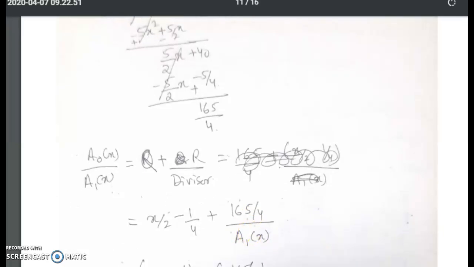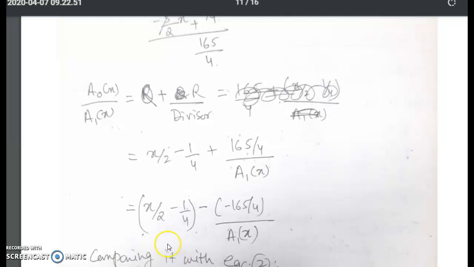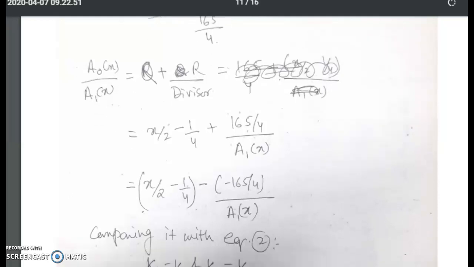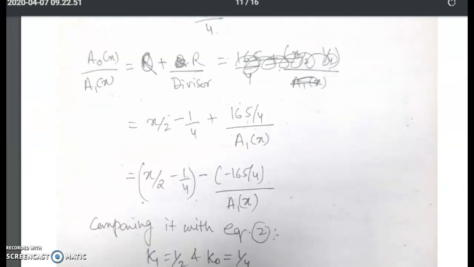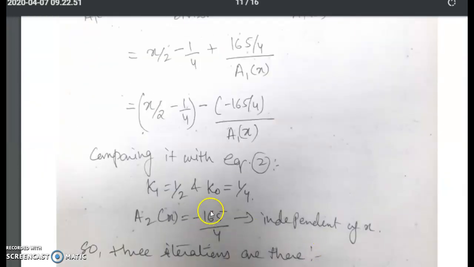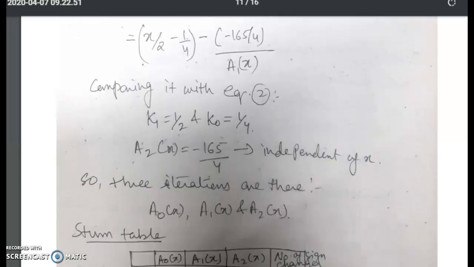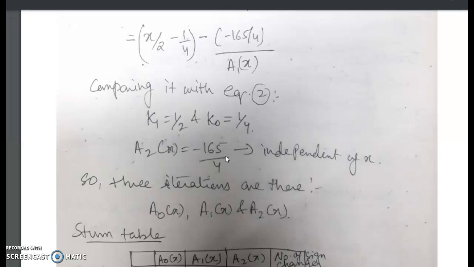This can be written as x by 2 minus 1 by 4 minus of minus 165 by 4 upon a1x. When we compare it with equation 2, which is the Sturm equation, we see that k1 is equal to 1 by 2, k0 is equal to 1 by 4 and a2 is equal to minus 165 by 4. Now this iterative equation a2x is independent of x, so we will stop the iterative process here only.